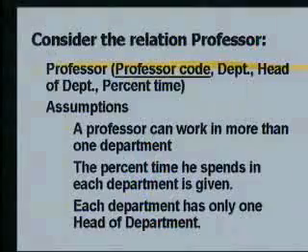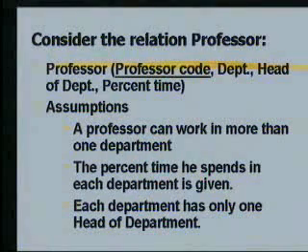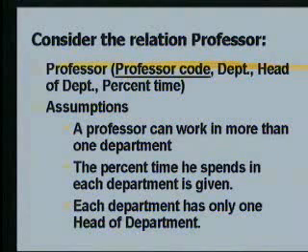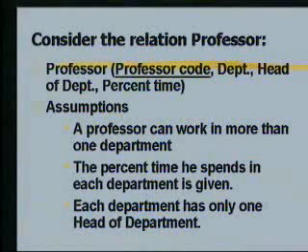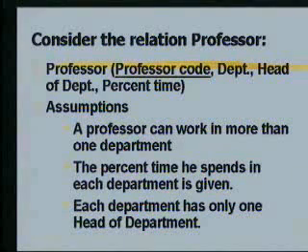Let us explain it with the help of an example where we are visualizing a professor database, with professor code, department, head of department and percentage time. Some of the basic assumptions are that a professor can work in more than one department, the percentage time he spends in each department is known and defined, and each department has only one head of department.